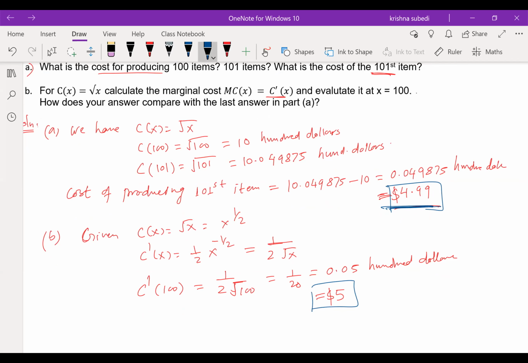So this shows that the derivative, which is the instantaneous rate of change at a point, approximates an average change at that point, if we keep the x values close together. So in terms of the derivative of the cost function, the marginal cost approximates the cost of producing one more item, for example, in this case, the 101st item. So the derivative will actually approximate that value.